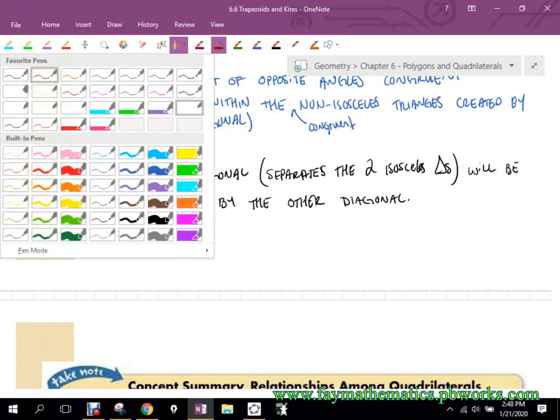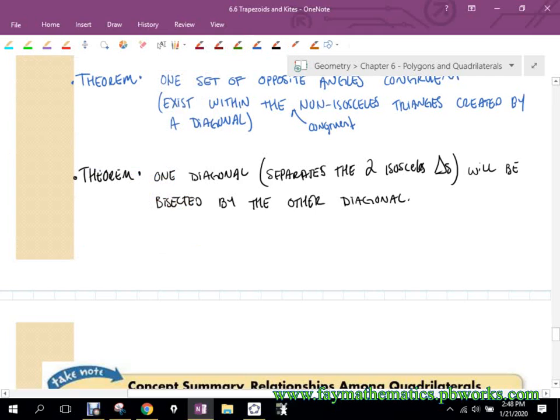I'm also going to write this: bisection is not reciprocating or reciprocal.